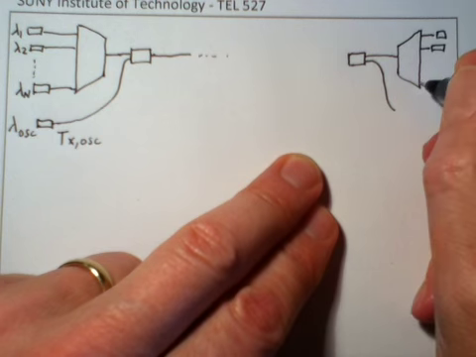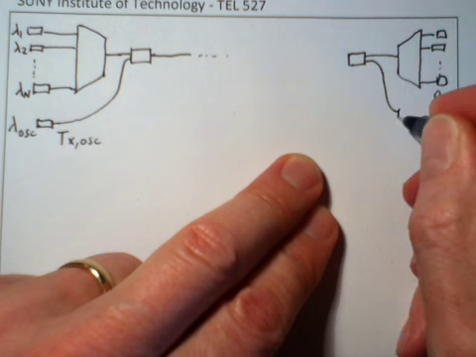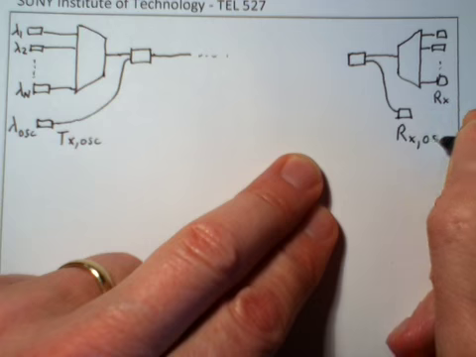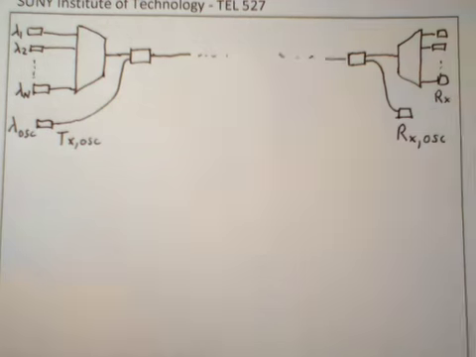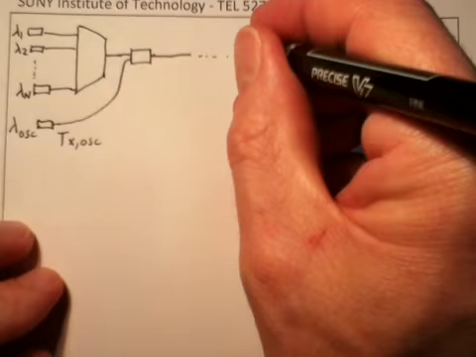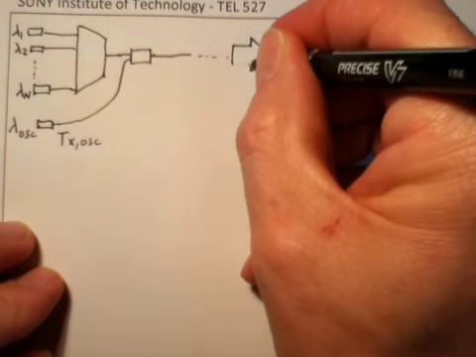Each channel gets its own receiver, and then this one would be the receiver for the optical service channel. Okay, and so this is the basic idea. But now what you have to do is you have to say, okay, so this is the direction of the transmission of this link here.